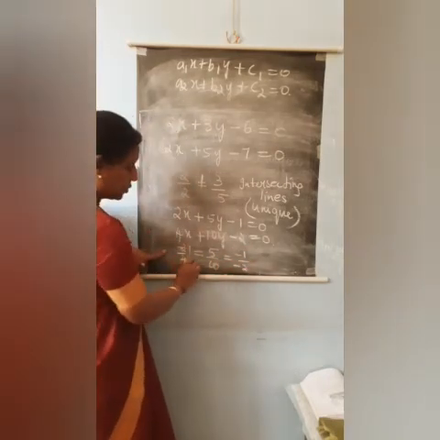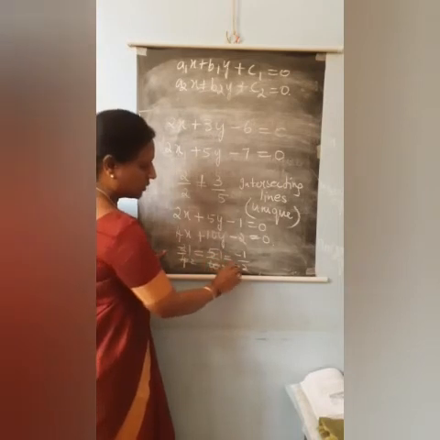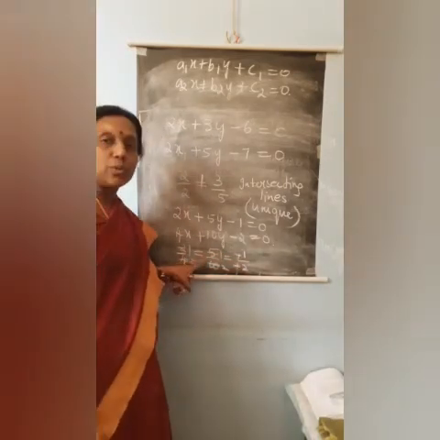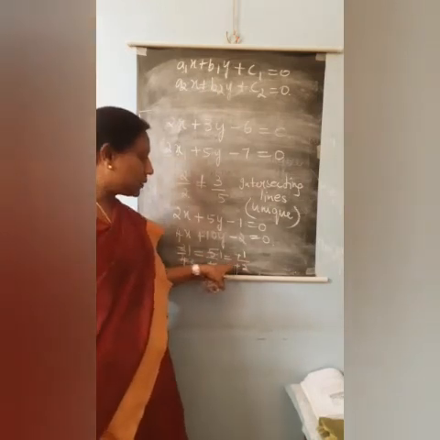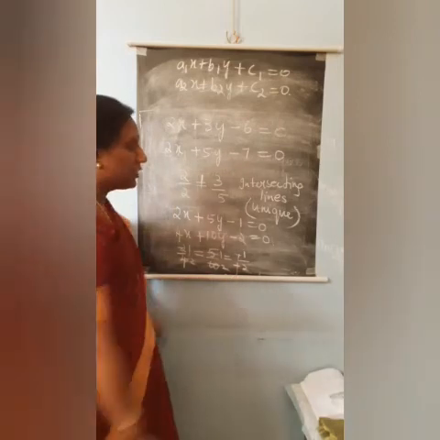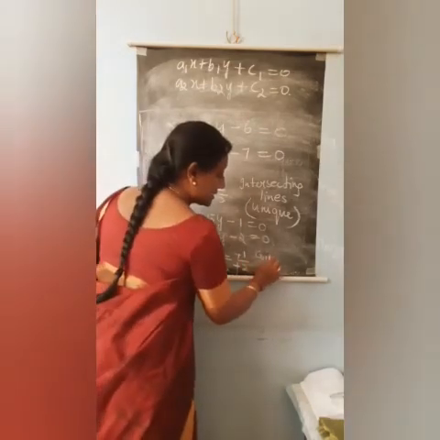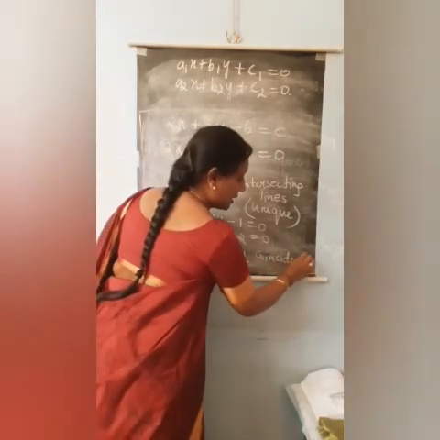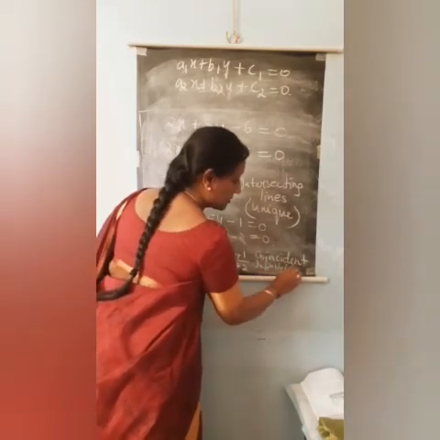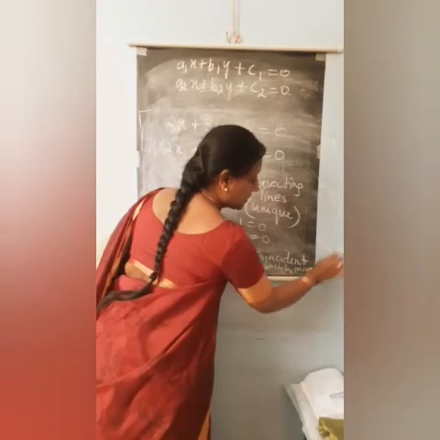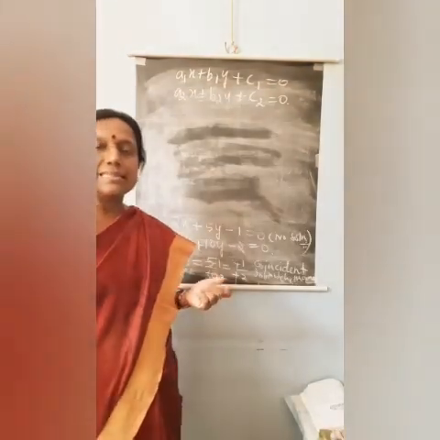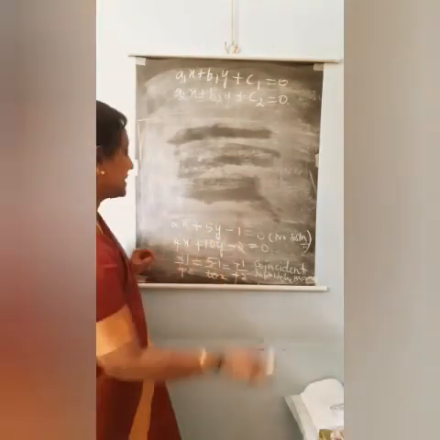See, 1 by 2, 1 by 2 and 1 by 2. So, a1 by a2 equal to b1 by b2 equal to c1 by c2. So, what kind of lines will they be? They will be coincident lines and they will have infinitely many solutions. So, these two conditions.